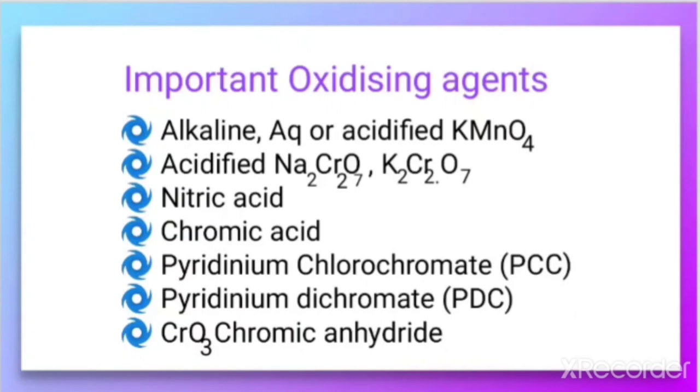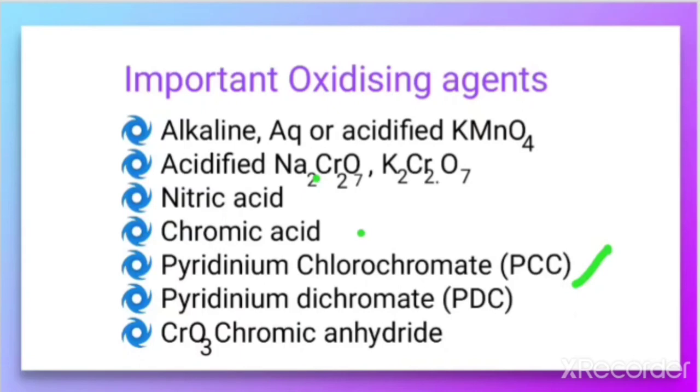Next, acidified sodium dichromate, acidified potassium dichromate, nitric acid, chromic acid, pyridinium chlorochromate. In short, we write PCC. It is also one of the important oxidizing agents used for the oxidation of alcohol.